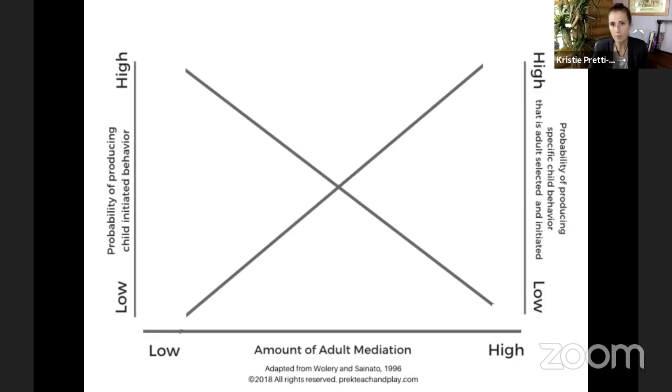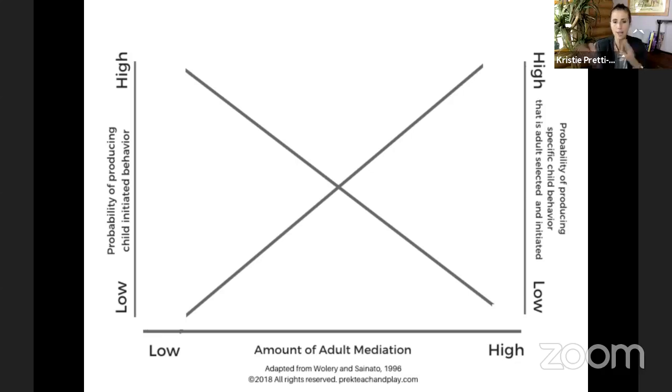So it goes from left to right on that bottom bar, all the way to high mediation. This is a lot of adult involvement, a lot of adult direct teaching, modeling, clarifying, correcting, restating, scaffolding, all of that.